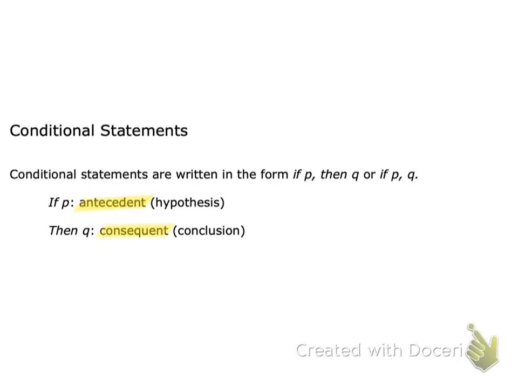But the if P is still the antecedent. So the antecedent doesn't mean it must come first. It means it's the hypothesis or the start of our condition, even if it doesn't come first in the statement. Does that make sense? It will make more sense when you see the examples.